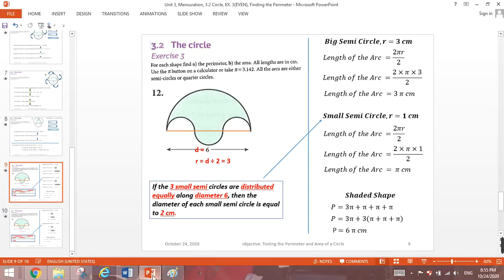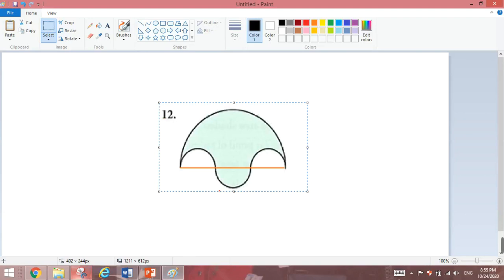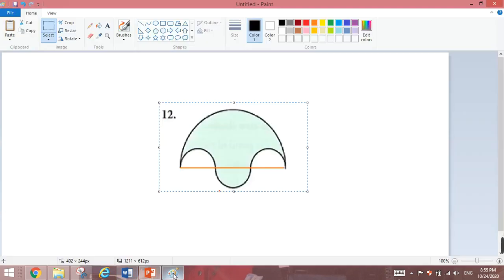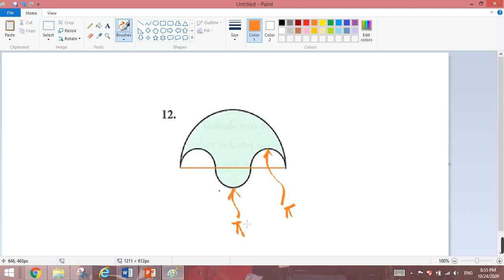Let's get back to this presentation. Sorry, let's go here. So as I explained earlier, the length of this arc here is pi, and the length of this arc here is pi, and the length of this arc here is pi, while the length of this big arc is 3 pi.